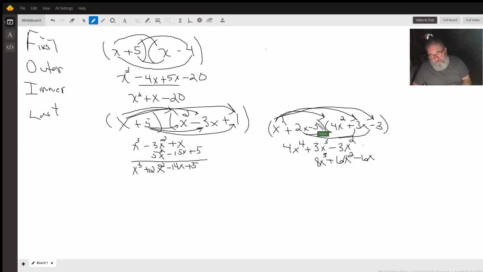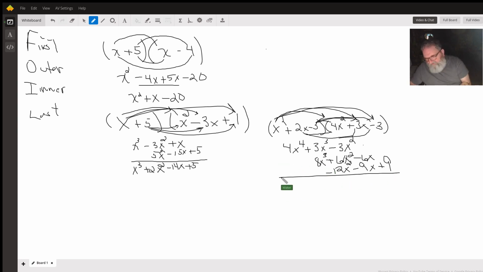Now we have another term that we have to distribute to everything inside the polynomial. So negative 3 times 4x squared gives us negative 12x squared. Negative 3 times 3x gives us negative 9x. And negative 3 times negative 3 gives us plus 9.